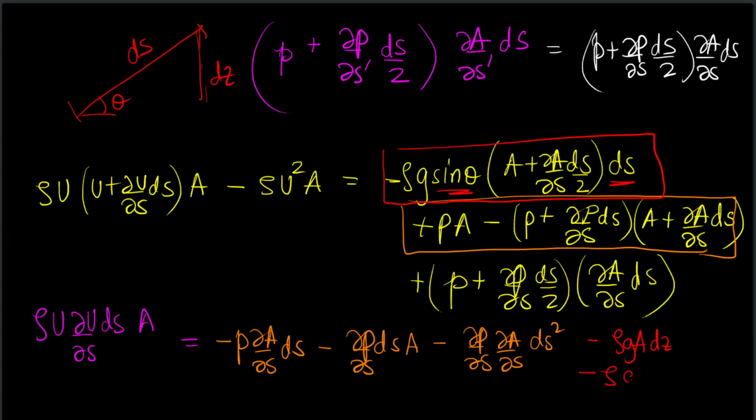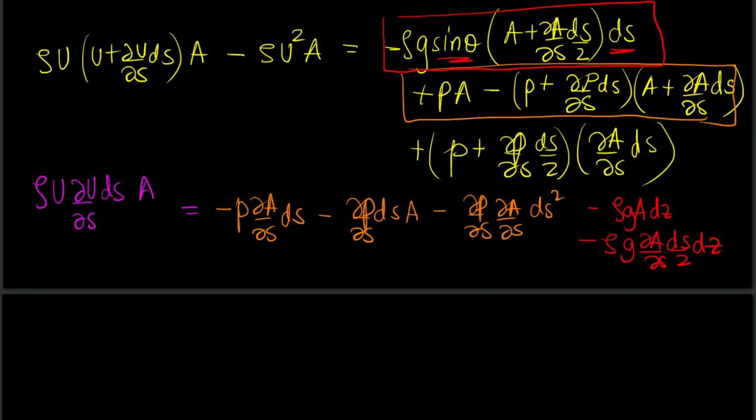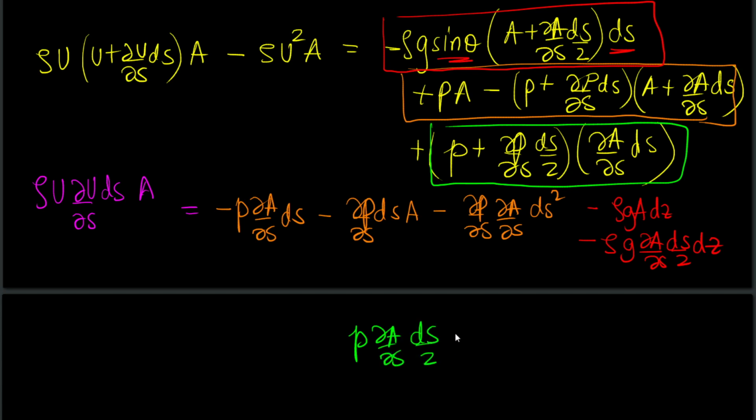This will be minus ρg ∂A/∂s ds/2 times dz. And let me write this term down: p ∂A/∂s ds, not ds upon 2, plus ∂p/∂s ds/2 times ∂A/∂s, so ∂A/∂s ∂p/∂s ds² upon 2.